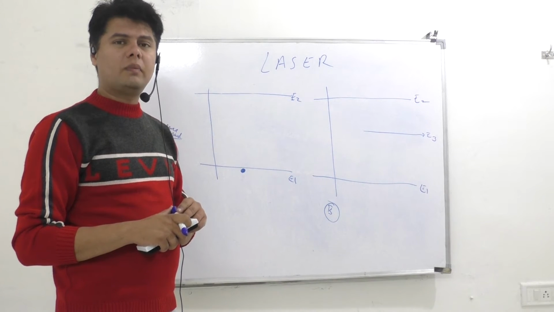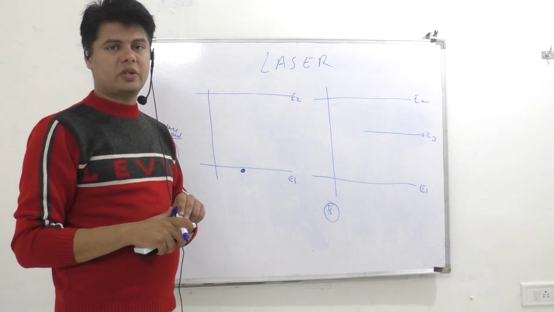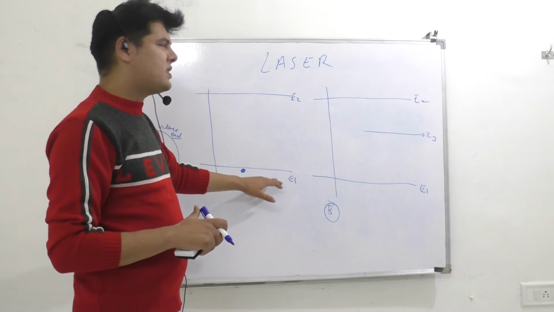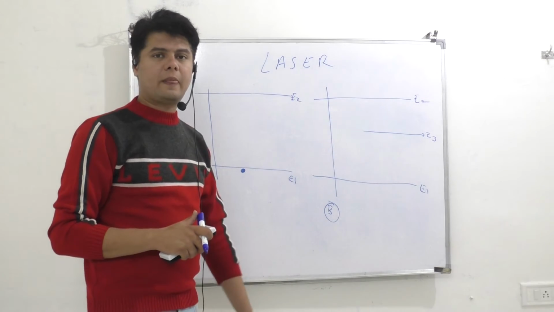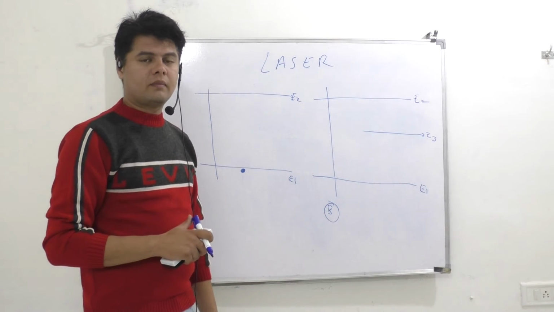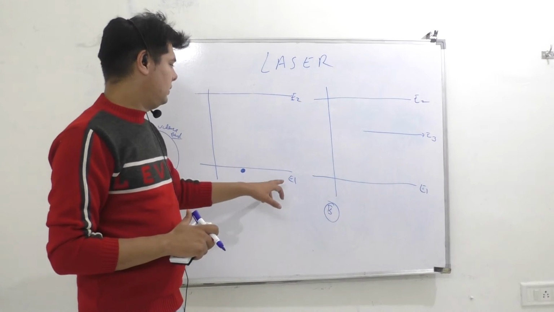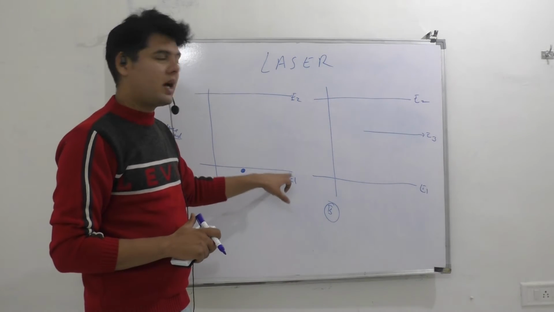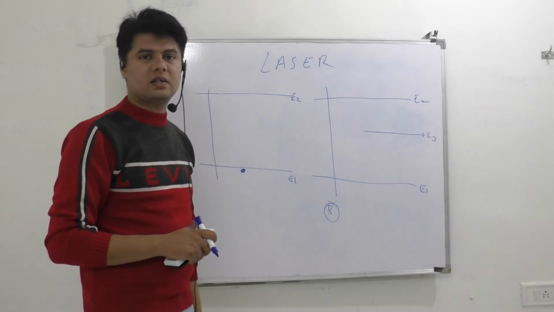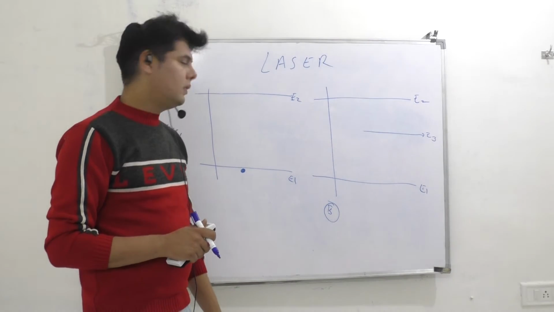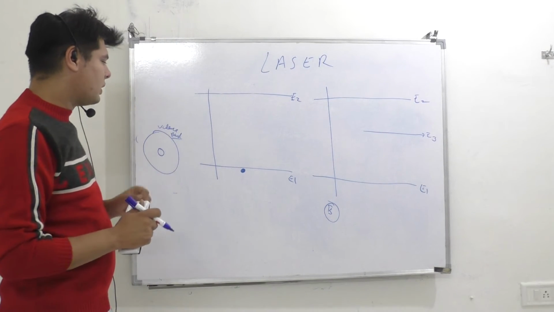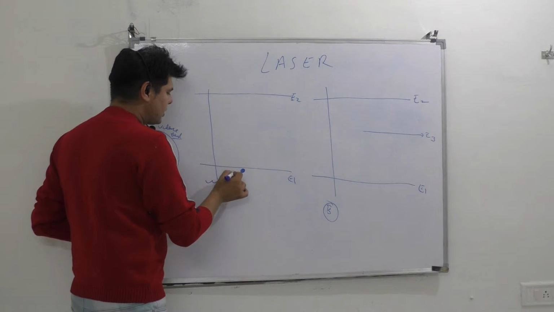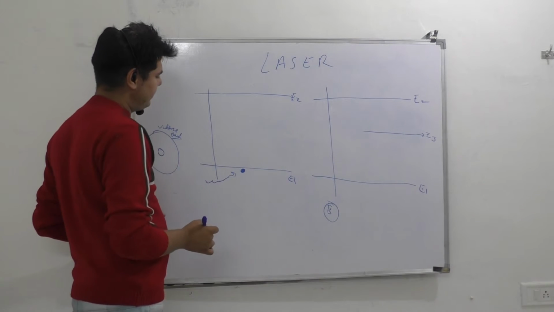It moves from the valence band to the conduction band, or we can say it moves from the lower energy state to the higher energy state. Here I am denoting the state E1 as the lower energy state and E2 as the higher energy state.